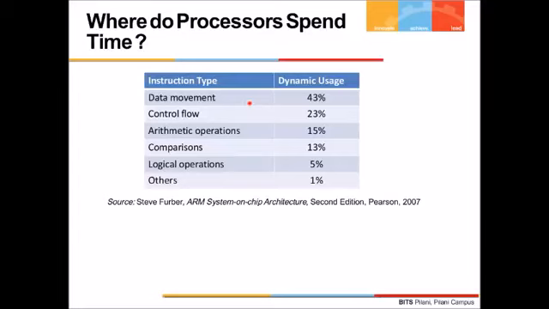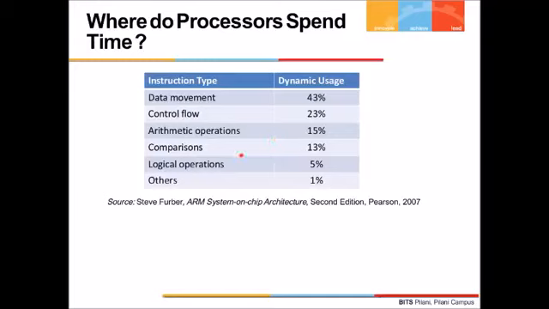Then control flow instructions are basically the jump instructions. In C, if-then-else or switch case statements translate to these control flow instructions. They take 23% of the time. The arithmetic operations, which are plus, minus, multiply, divide, increment, etc., take 15%.